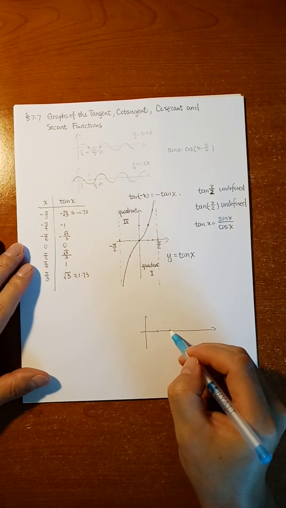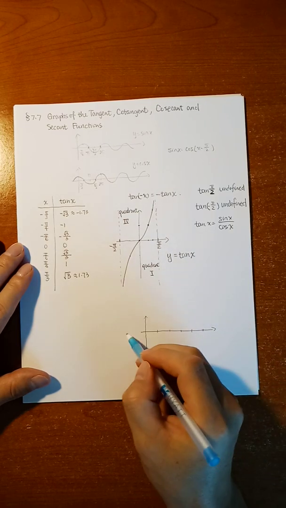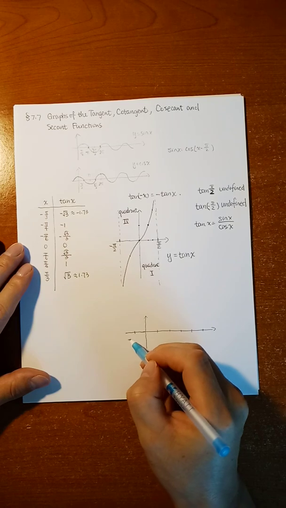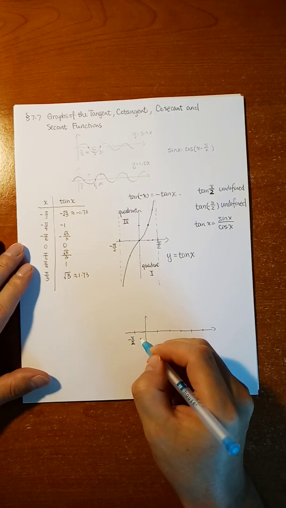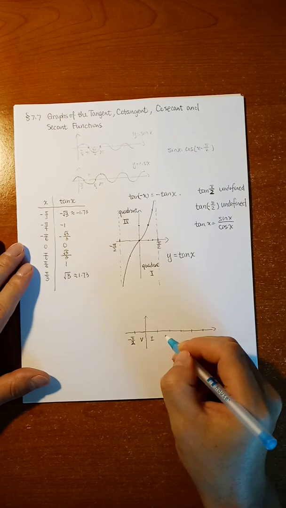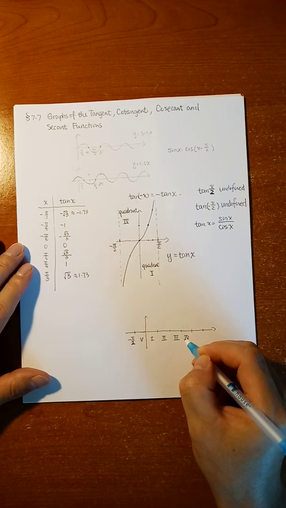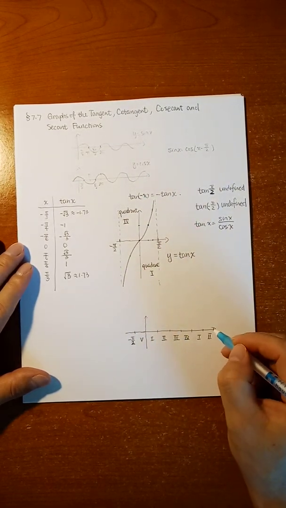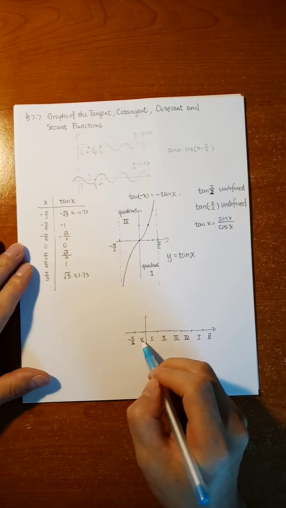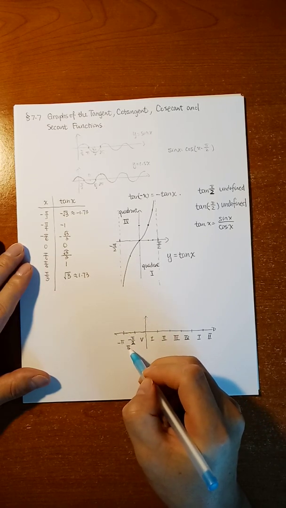Let's see this: pi over 2, pi, 3 pi over 2, 2 pi, 5 pi over 2, something like this. And here is negative pi over 2. If we talk about the quadrants, this is quadrant 4, quadrant 1, quadrant 2, quadrant 3, quadrant 4, then back to quadrant 1 and quadrant 2. To the left, it's quadrant 4, here negative pi, this is quadrant 3.